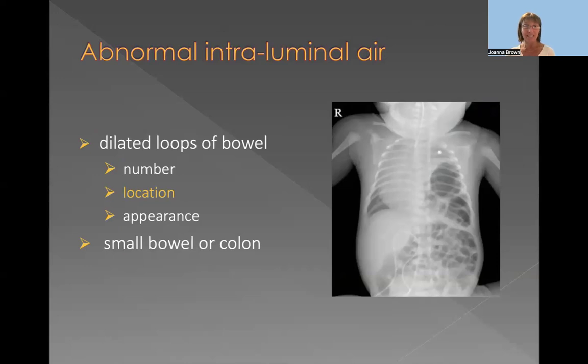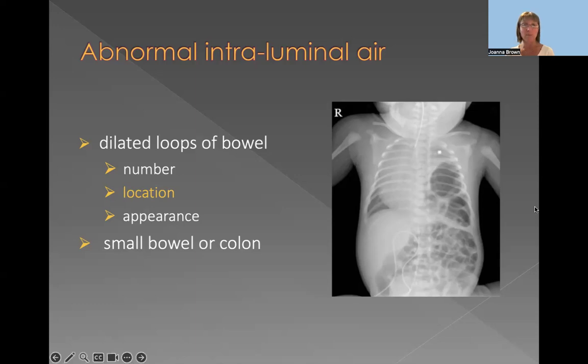So you can see here the multiple dilated loops of the small bowel within the abdomen, but you also see very dilated loops of the small bowel visible here on the left side of the chest. You can see the right hemidiaphragm here, and the left hemidiaphragm should be positioned here, but it's not visible on the X-ray.